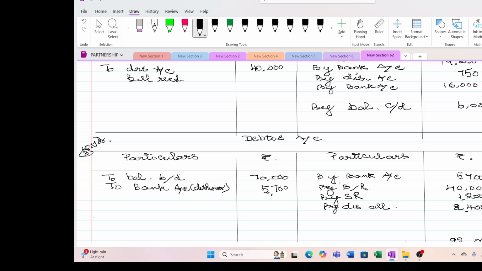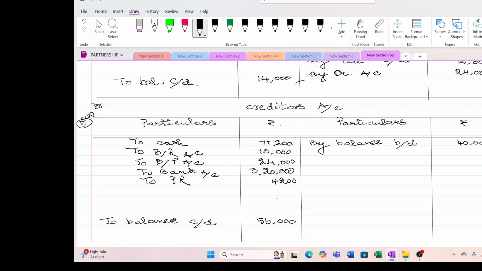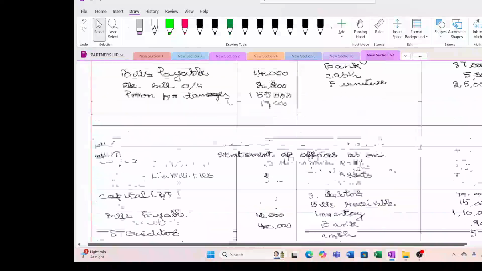Discount received is 2,700, to discount received 2,700. Okay. So this entry, both sides we have written in the P&L account as well as the debtor and creditors account.